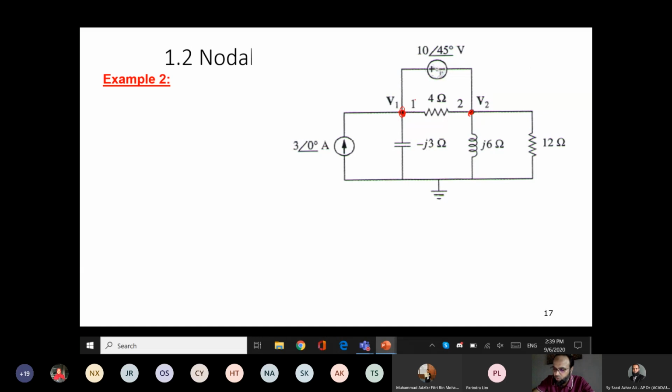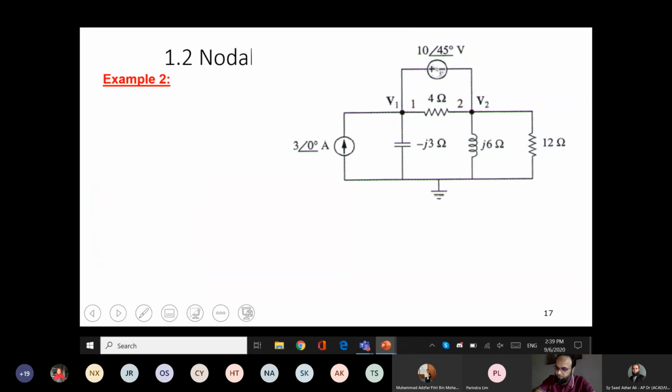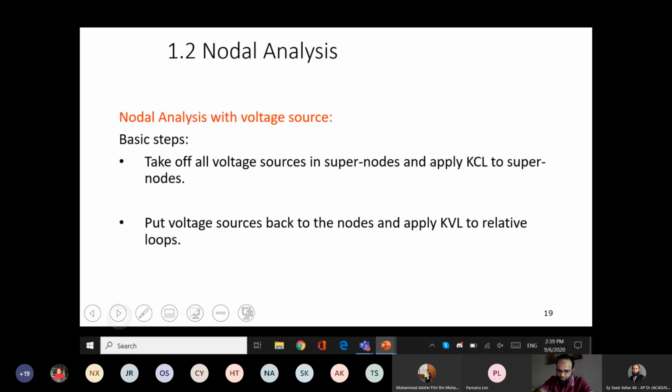and we have a source in between these 2 nodes, then we cannot proceed under normal nodal analysis, but we will treat this particular node as a supernode, and we treat it differently.